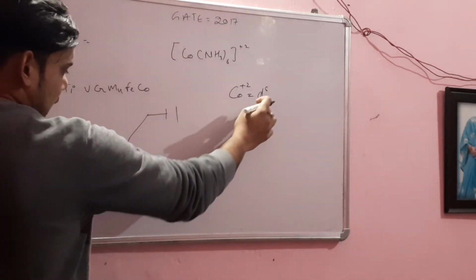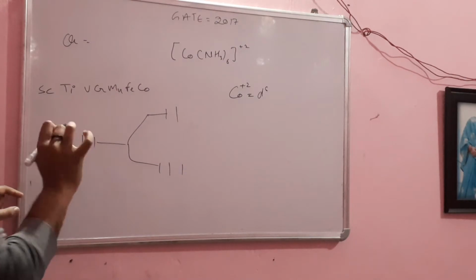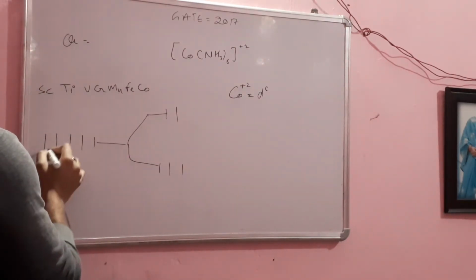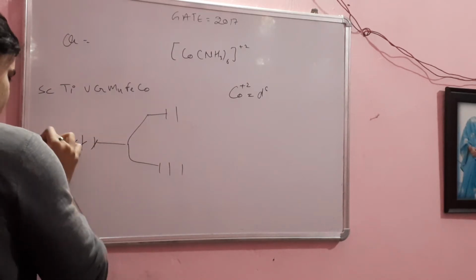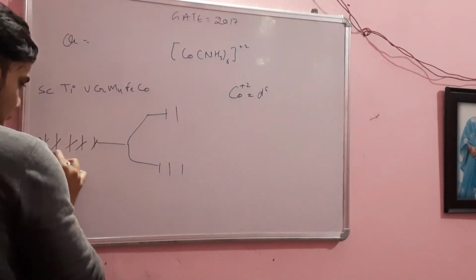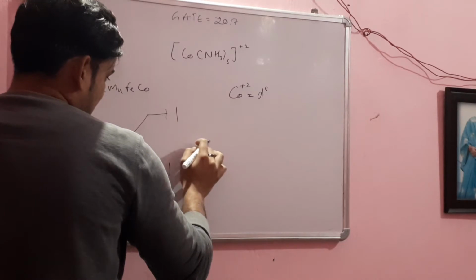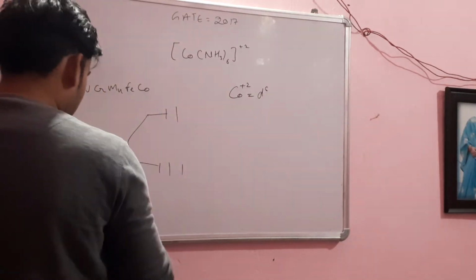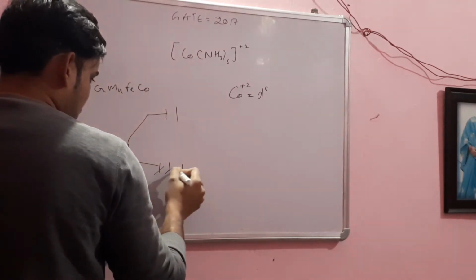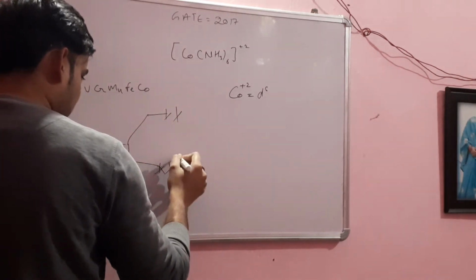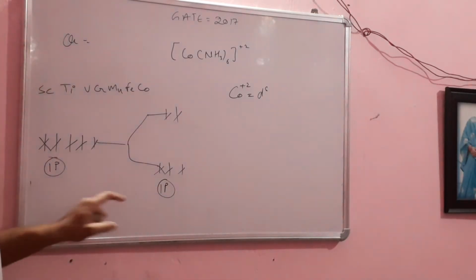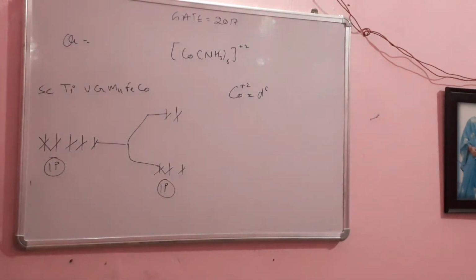The d6 configuration will fill normally in the d orbitals like this, 1 2 3 4 5 and 6, with one pairing. In the splitting diagram it will be filled like this, 1 2 3 4 5 and 6. So it also has one pairing of electrons.